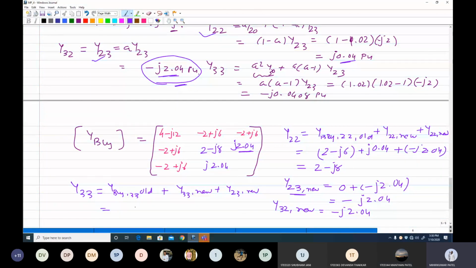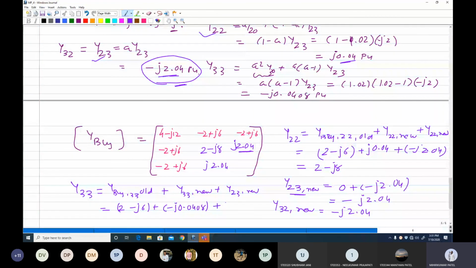So Y33 old from the previous matrix, what is the value of Y33 old? 2 minus j6. Yes. Plus Y33 new. It is minus j0.0408.